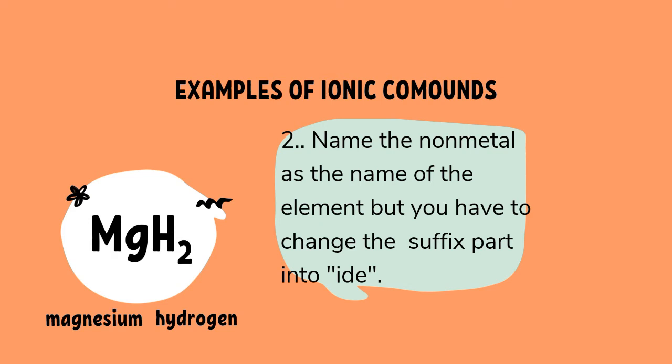Meaning, we add IDE at the end of the word. This only applies to the non-metal, or the second element of this compound. So instead of hydrogen, it becomes hydride. There you go. This compound is called magnesium hydride.